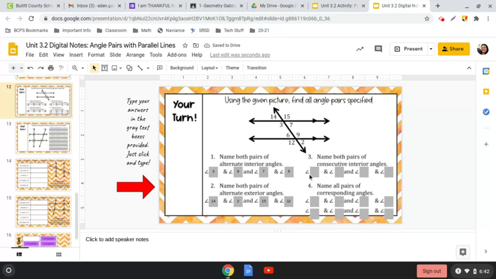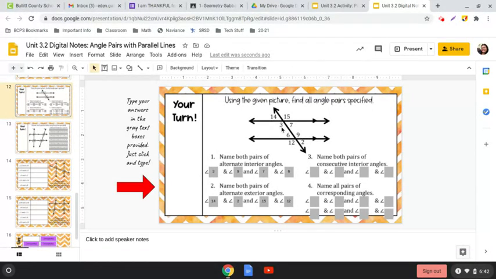Number 3 says name both pairs of consecutive interior angles. So that means the angles are going to be inside of the parallel lines, interior, and consecutive means they're on the same side as the transversal. So inside of the interior lines, we've got 3, 7, 6, and 9, but we want the pairs that are on the same side of the transversal.